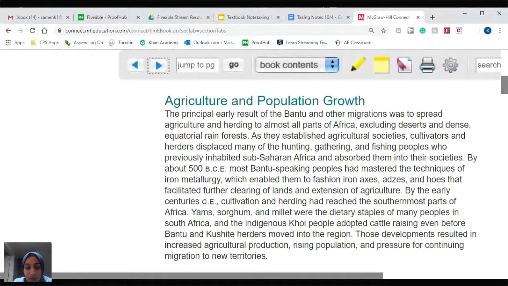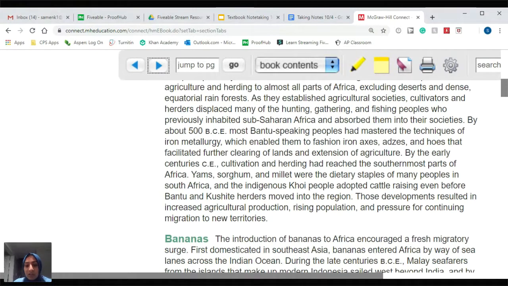By about 500 BCE, most Bantu-speaking people had mastered the techniques of iron metallurgy, which enabled them to fashion iron axes and hoes that facilitated further cleaning of lands and extension of agriculture. By the early century CE, cultivation and herding had reached the southernmost parts of Africa. Yams, sorghum, and millet were the dietary staples of many people in South Africa. The indigenous Khoi people adopted cattle raising even before Bantu and Kushite herders moved into the region. Those developments resulted in increased agricultural production, rising population, and pressure for continuing migration to new territories.